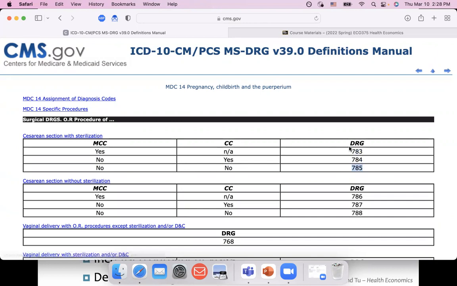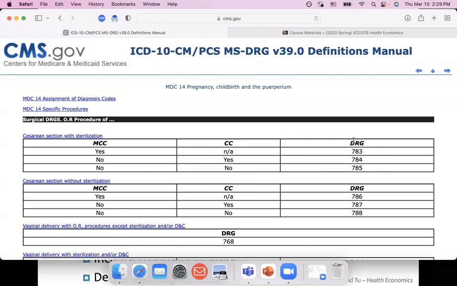Okay, so then these mothers, these patients, will be grouped into 783 if it's a C-section with sterilization with major complications, or 784, which is C-section with sterilization and with complications, and then 785, which is C-section with sterilization without major complications or without complications.